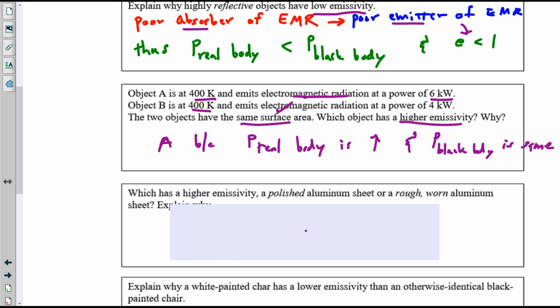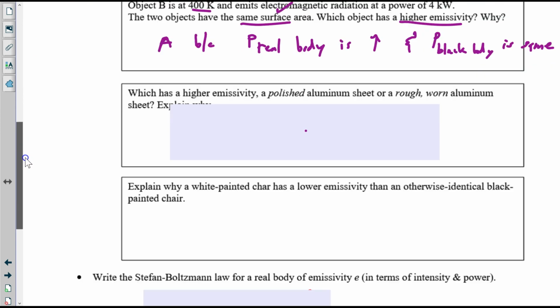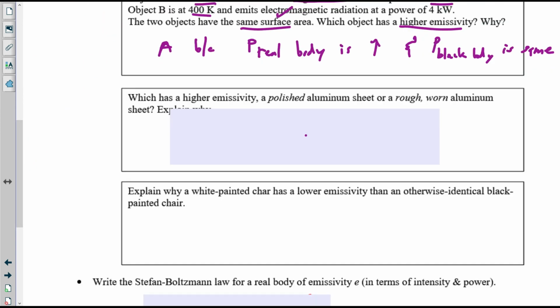Okay, next one. Which has a higher emissivity? Polished aluminum or rough, worn aluminum? What do you think? Well, polished aluminum is more reflective, isn't it?